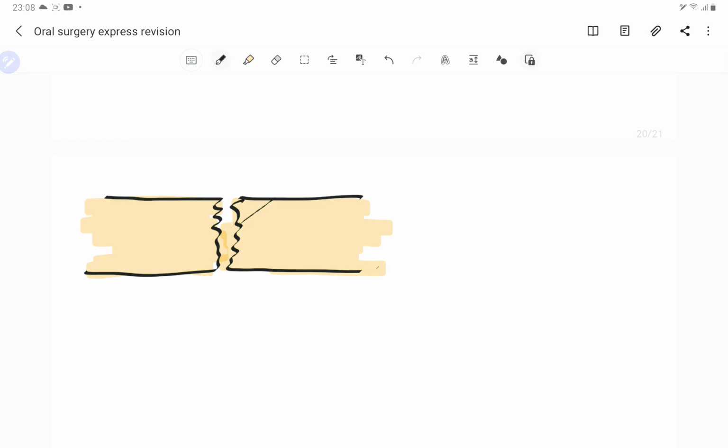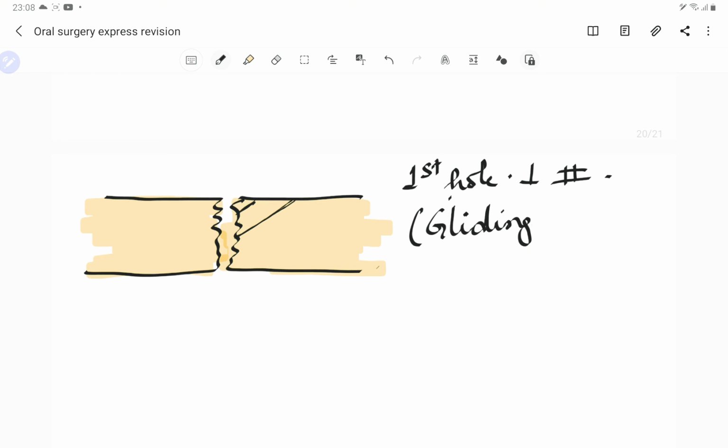So this is a hole which is drilled perpendicular to these fracture segments, right? This is the first hole which we made perpendicular to the fracture segments. This is known as the gliding hole or near hole.